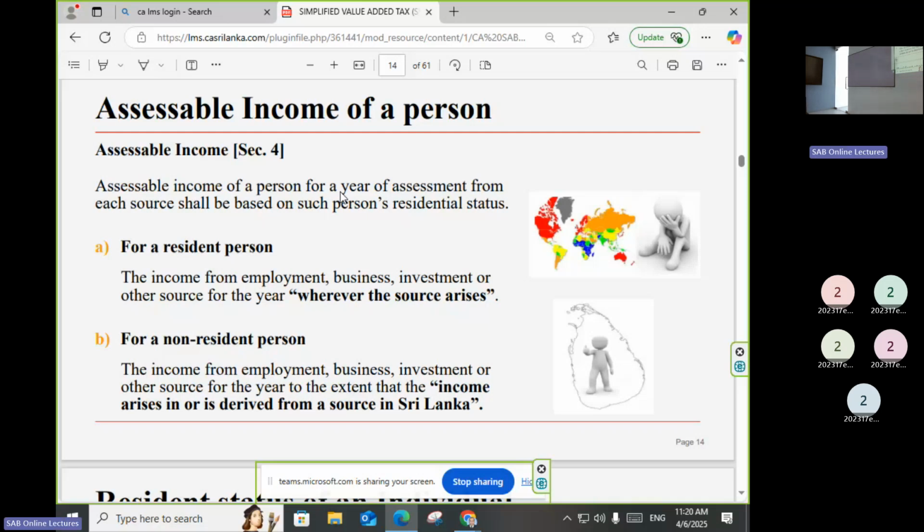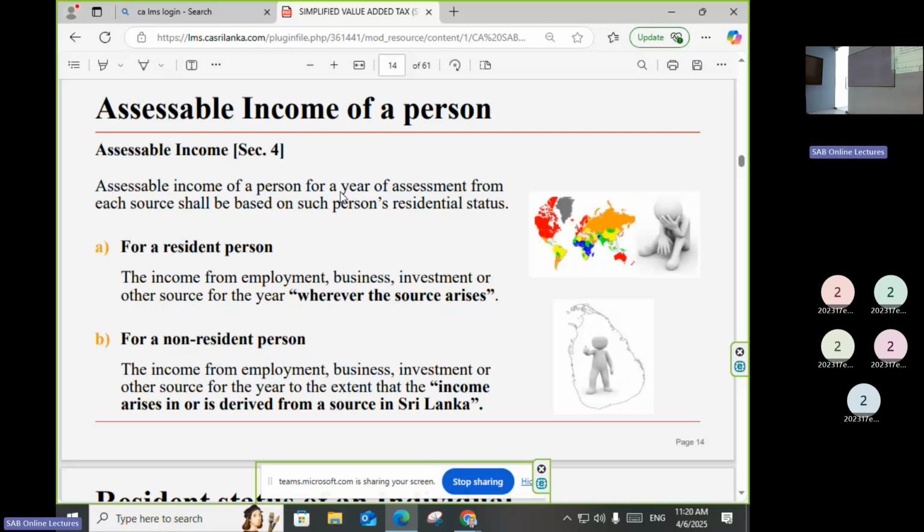So we are not bothering about where that income is receiving or generating. But in case of the non-resident person, it says the income from employment, business, investment or other sources for the year to the extent that the income arises in or is derived from a source in Sri Lanka. So in case of the non-resident person, if there is an income generated from Sri Lanka, then he is chargeable for Sri Lanka tax.